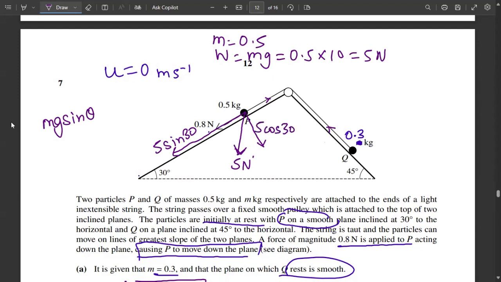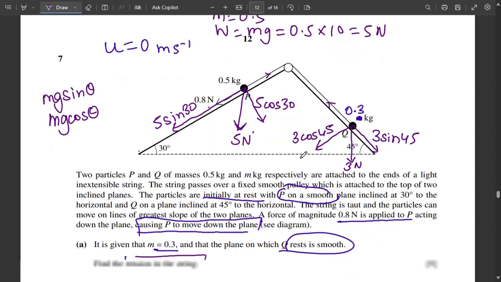Going to this one, the weight will be 3 Newton. Force acting down the slope will be 3 sine 45. Force acting perpendicular will be 3 cos 45. I hope you are clear with this. This is a concept about mg sine theta, mg cos theta, nothing else. If you want the proof, you can Google it, you'll get it. The proof is also very easy.